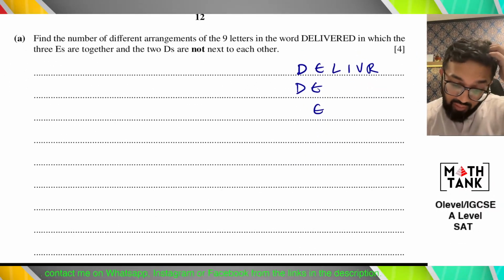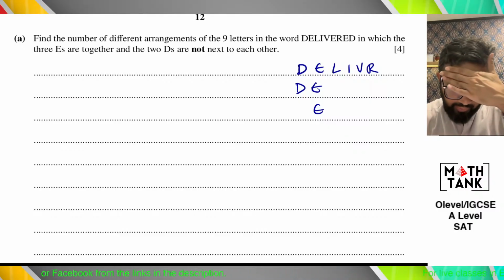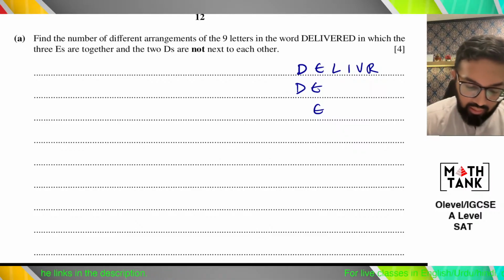And find the number of different arrangements of the 9 letters in the word delivered in which the 3 E's are together and the 2 D's are not next to each other.